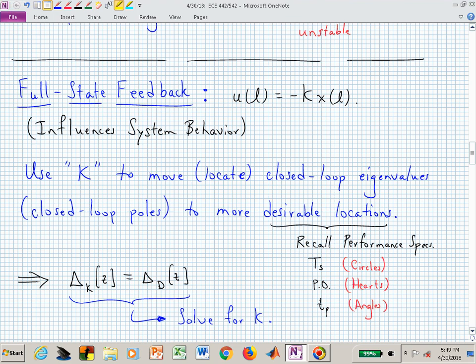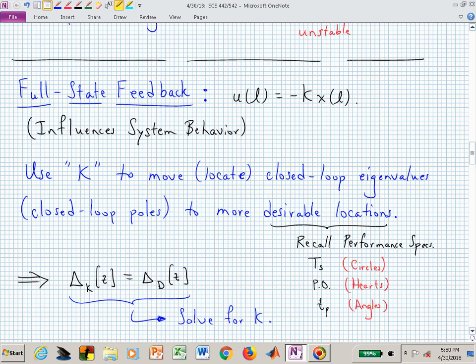If I say I want to select K, or pick U, or use U to create desirable closed loop pole locations, that's really circling back to earlier concepts we've talked about in this class, and how you pick more acceptable locations for your closed loop poles or the behavior of your system.